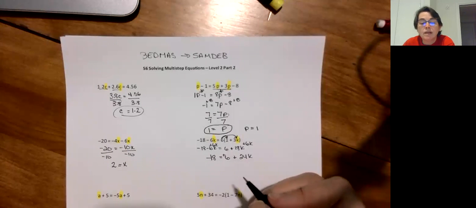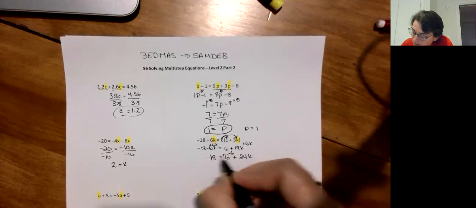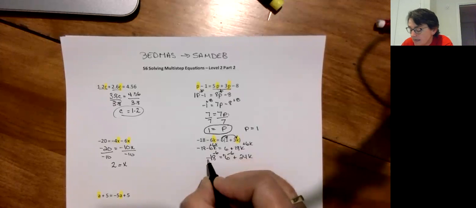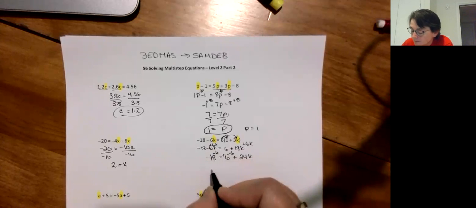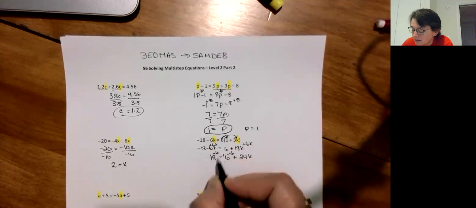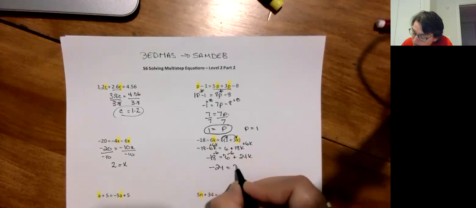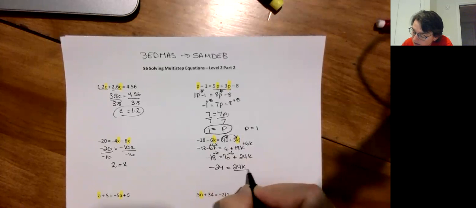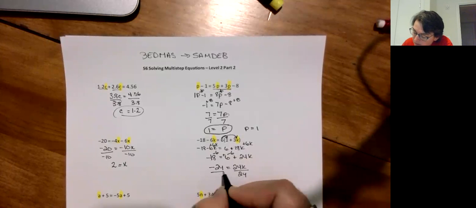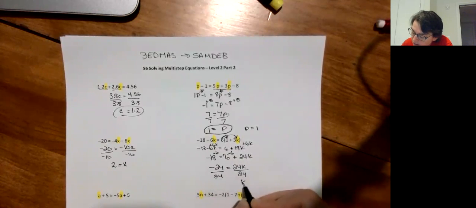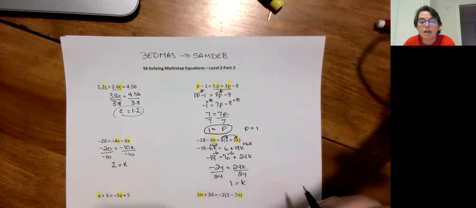Remember, that's understood plus 6, so I'm going to subtract 6 here, subtract 6 here. Now minus 18 minus 6 more is going to be minus 24 is equal to 24k. Divide by 24, divide by 24, k is going to be 1. Ta-da! And there we go.